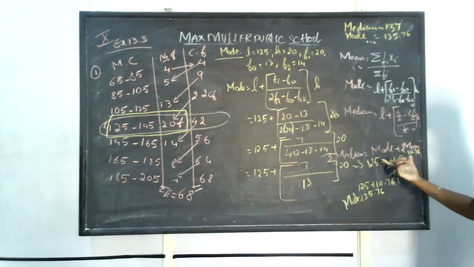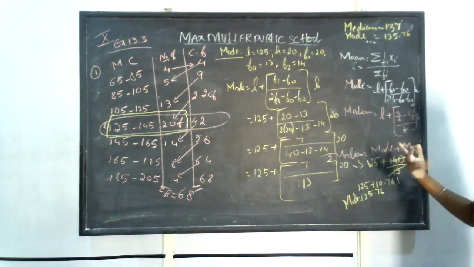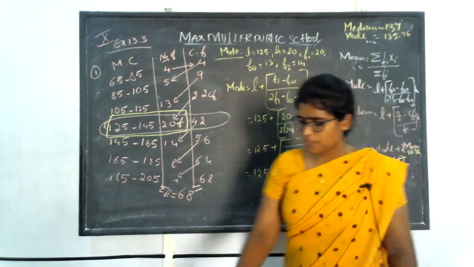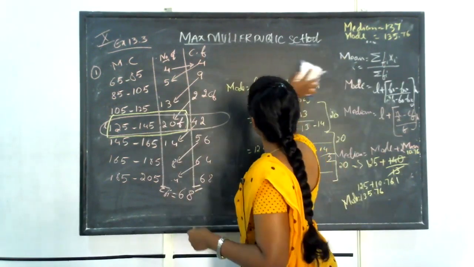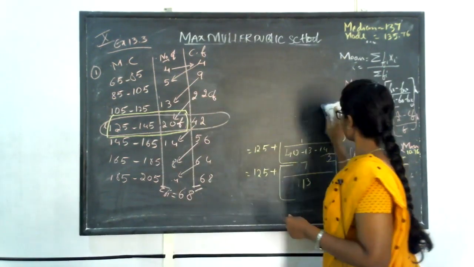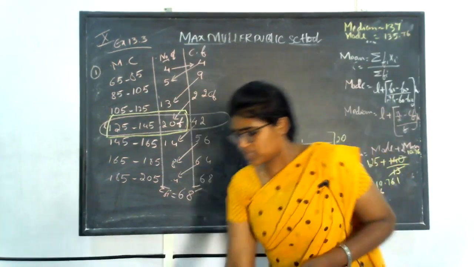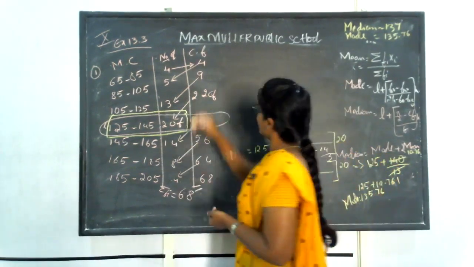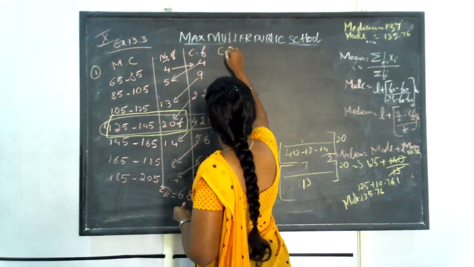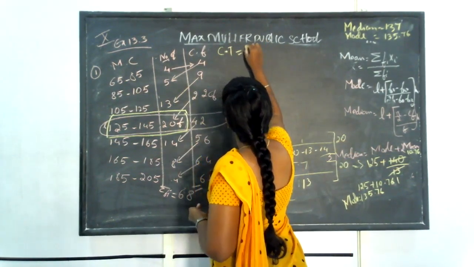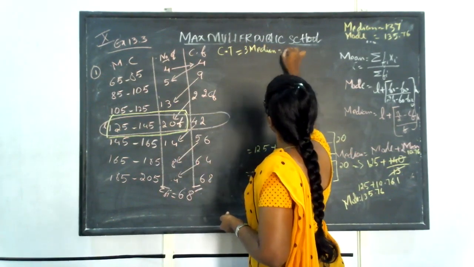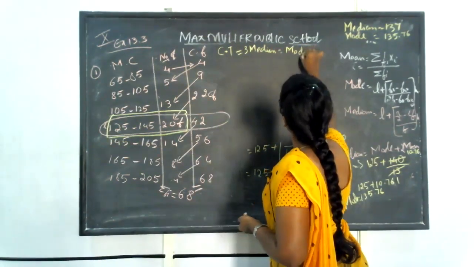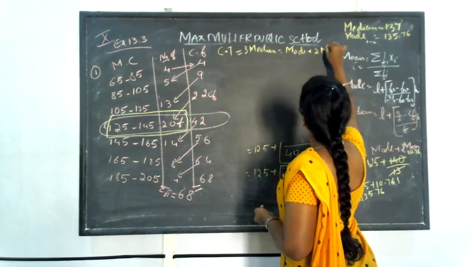Mean is easier. Use this formula. You will get it in 1 minute. So use the mean formula what you have there. What is the central tendency formula you have? 3 median is equal to mode plus 2 mean.